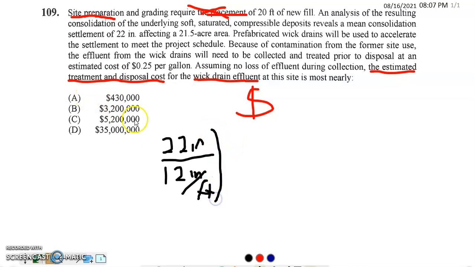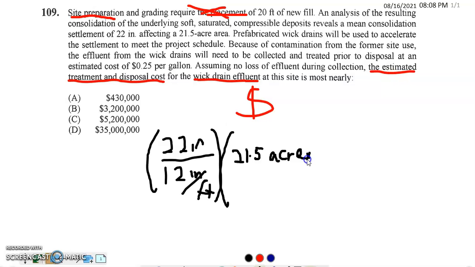Now we need to do the same thing for acres to convert it to square feet. I hope everybody still remembers the conversion from square feet to acre. If you don't remember, it's at the back of your SAM book, before the appendix. So make sure you review that.